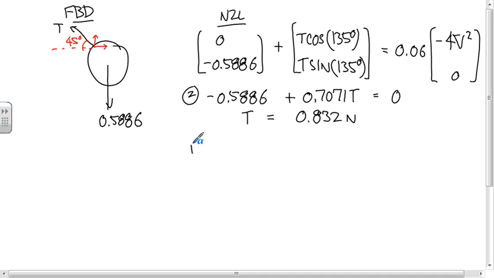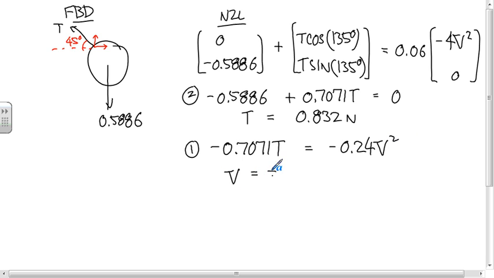And then plug that into the first one, and it says negative 0.7071 T is equal to negative 0.24 v squared. And so v, again, is equal to plus or minus 1.57 meters per second. You take the plus. So you get a negative from the acceleration and a negative from that tension force, and they cancel. Any questions about either of those?